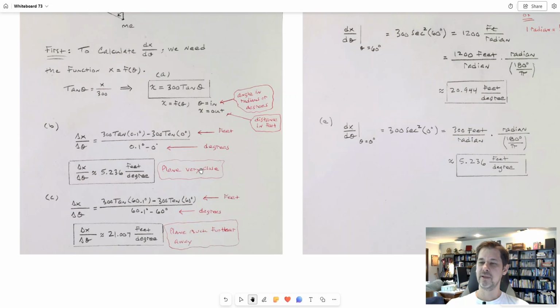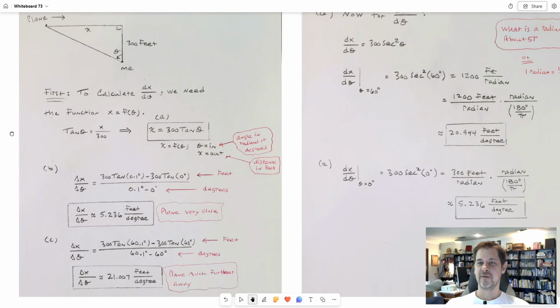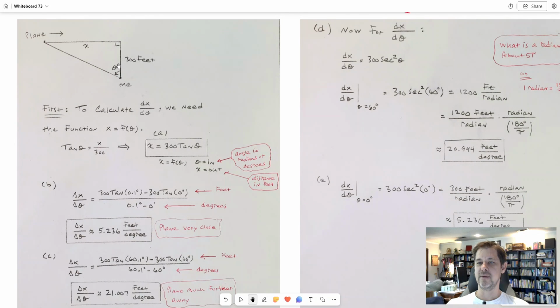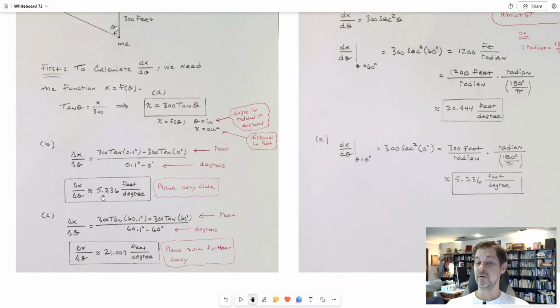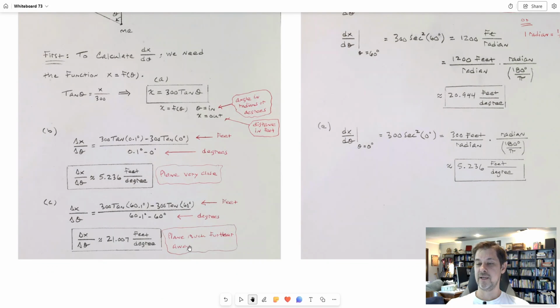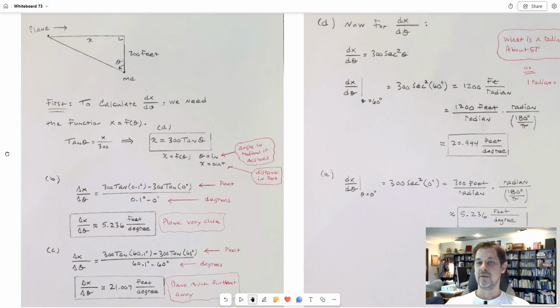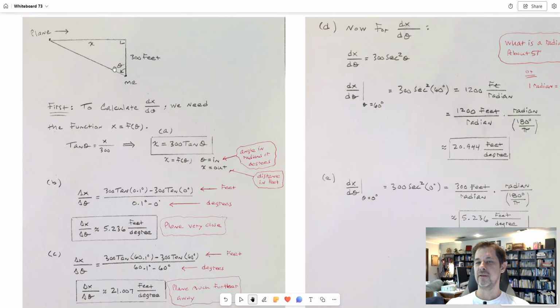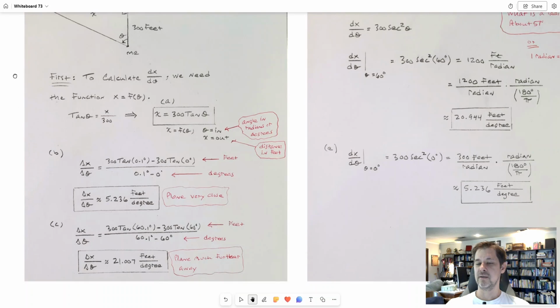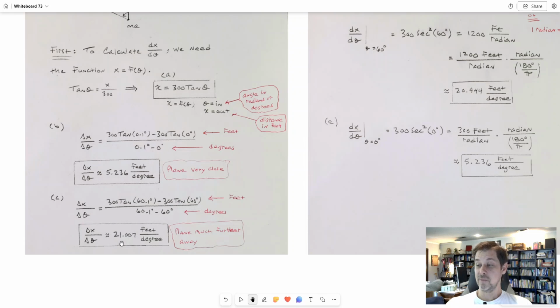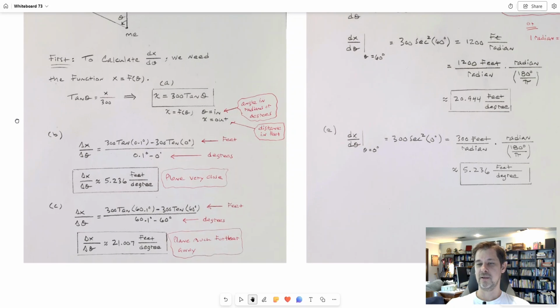When the plane's right above me, for every degree shift in my line of sight, the plane moves a little more than 5 feet through the air. Versus when the plane's much further out, for every degree shift in my line of sight to the plane, it has to move a little more than 21 feet through the air. I would say that does agree with my intuition about this.